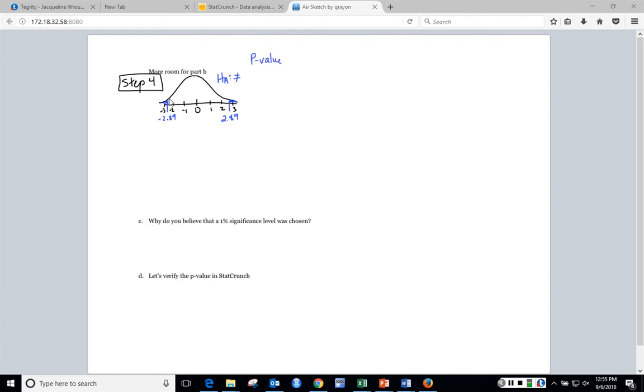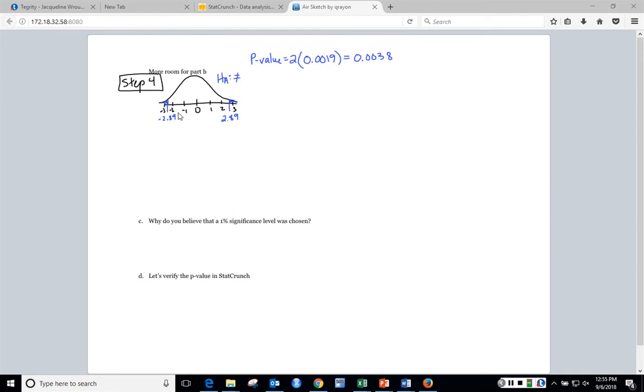So I can just then take 2 times whatever I get when I look up negative 2.89 in my z table. You should feel very comfortable in reading your z table now. So you should find the 0.0019 in there when you look up the negative 2.89. So if I take double that, we're going to get 0.0038.